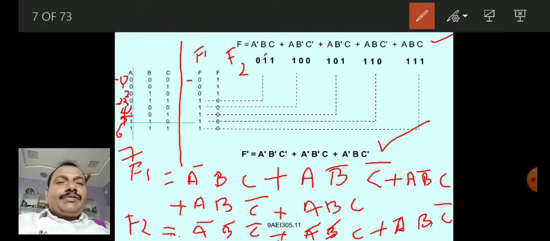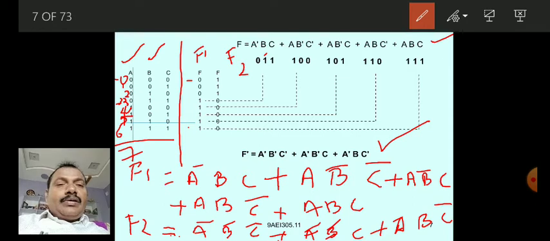So that means the minterms can be identified with decimal numbers also, that you have to remember. These are the binary configurations, and these are the decimal equivalent numbers: 000 is 0, 001 is 1, 010 is 2, 011 is 3, like that. These are the decimal equivalents.